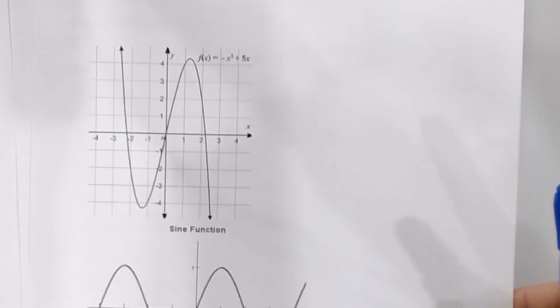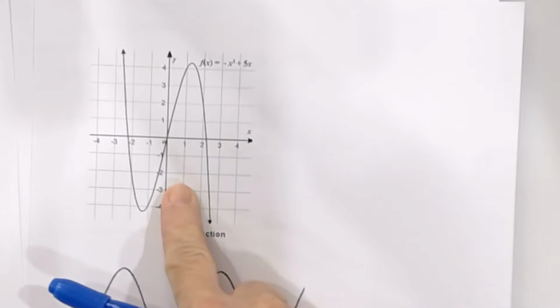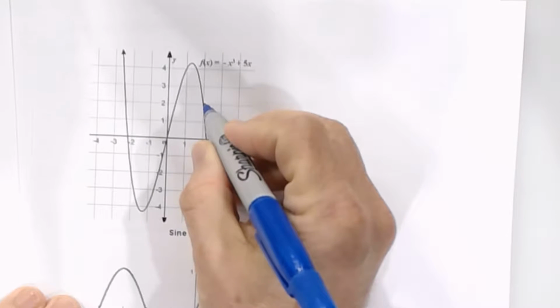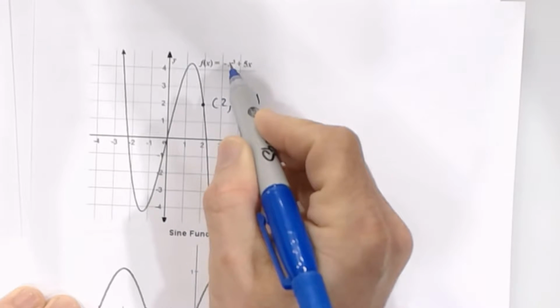When I look at this function we saw yesterday, what kind of function was it? It was an odd function because it's symmetrical about the origin. So if this point here is 2, let's figure out what this is.